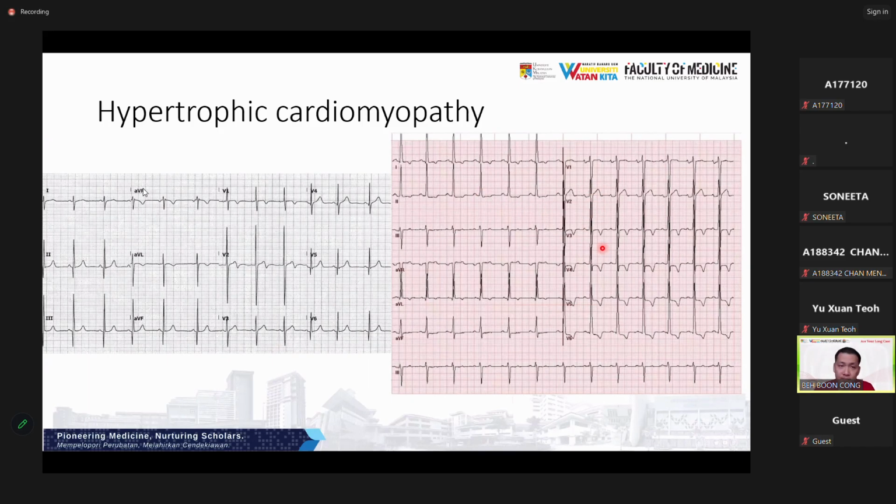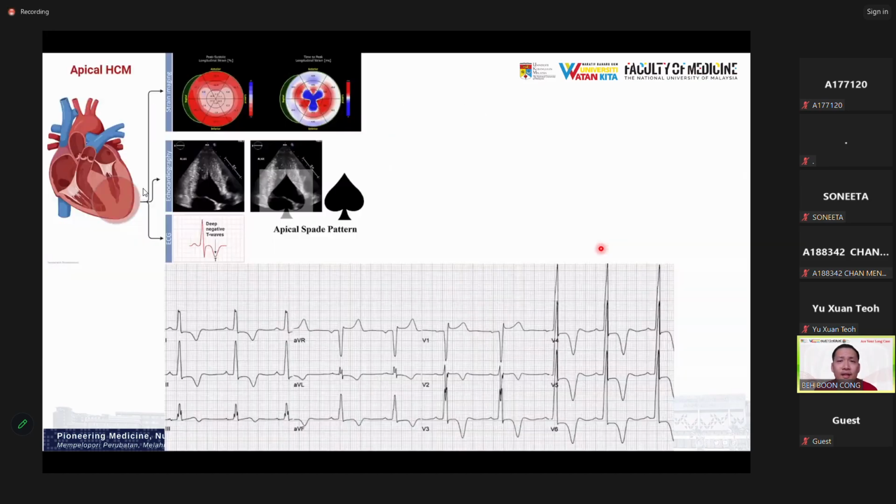This is important because most of the time, let's say the patient presented with chest pain, you label this patient as ACS. When you do the angiogram, sometimes it's normal, so it doesn't explain the ECG changes. So you have to look for the echo to see the thickness of the LV wall.